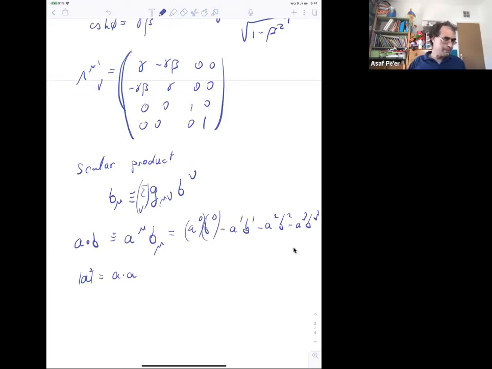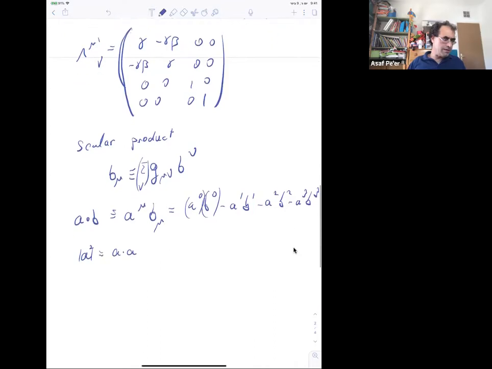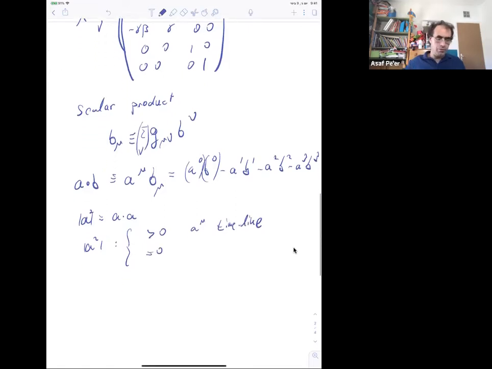And we said that if A squared is greater than 0, then we call A mu time-like. If it is equal to 0, we call it light-like. If it's smaller than 0, we call it space-like.